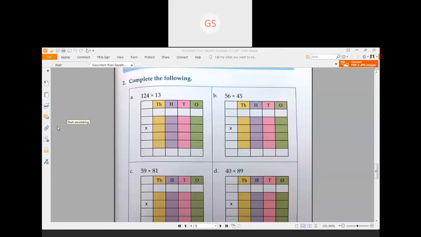What is the number? 124 multiplied by 13, right? Where do I have to write 1, 2, 4 multiplied by 13? 1 here, 3 here.